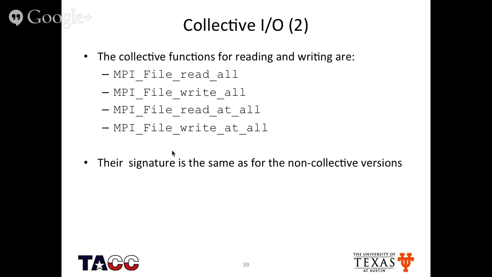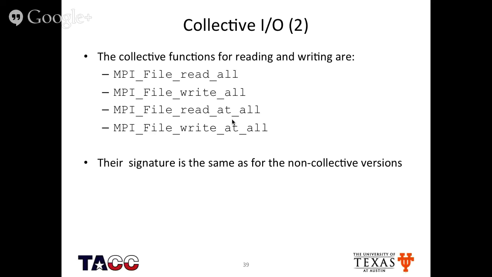The collective APIs for MPI I/O are MPI read all, write all, read at all, and write at all, in which all the processes participate in the reading and writing operations. And just like with any other collective API, this API should be visible to all processes. One common source of error that I've seen is when people put these calls inside if statements, like if rank equals 0, MPI file read all.